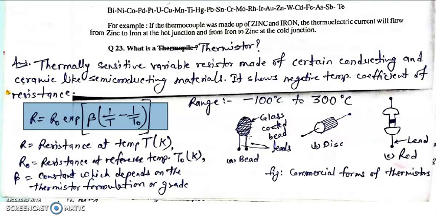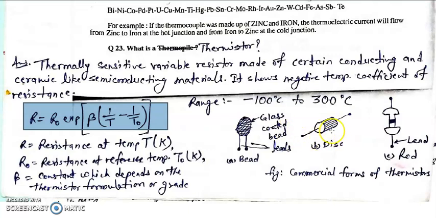In your mobile and in your laptop, these thermistors are built in as a temperature sensing element. This is a bead, a glass coated bead. It is difficult to handle in hand, it is such a minor shape.